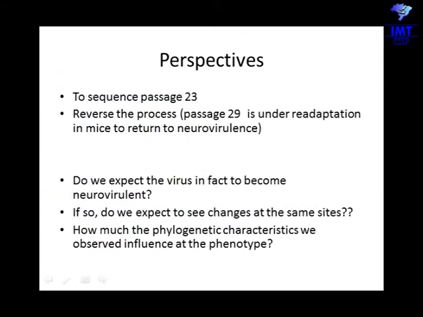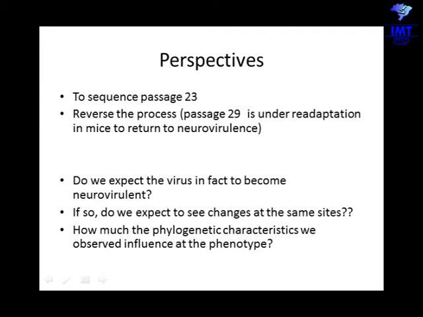This is an ongoing project, so the perspectives are to finish sequencing passage 23 and to really determine the sites responsible for the virulence. We are adapting the virus from passage 29 in mice again.